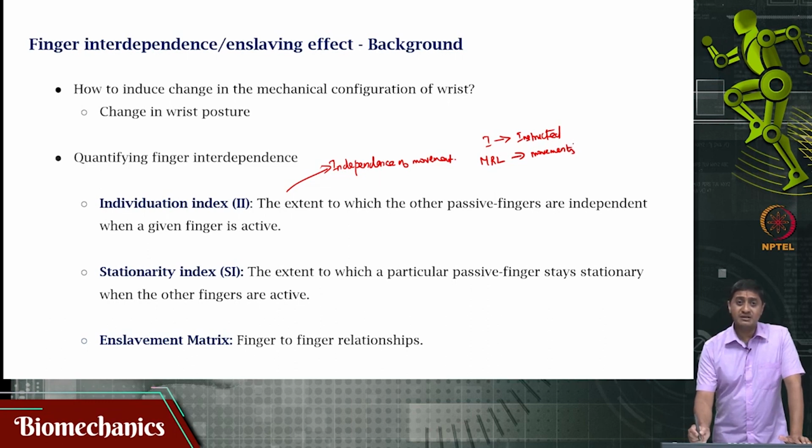If the movements in middle, ring and little fingers are less, that means that the individuation index for the instructed finger is high. But if the index finger, when it moves, also causes some unnecessary, unwanted, undesirable movements in middle, ring and little fingers, that means that the movements of the index finger are not really individuated or independent, or less or more. That is the question.